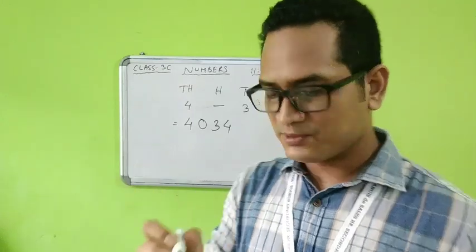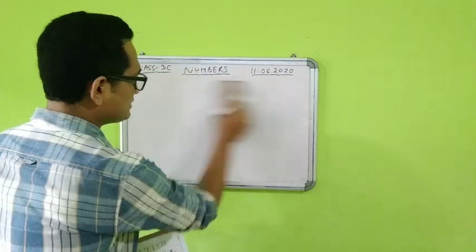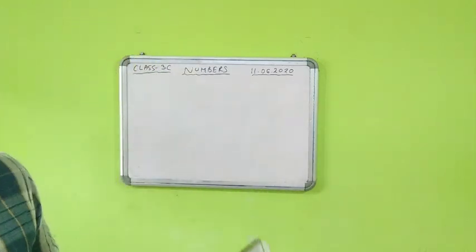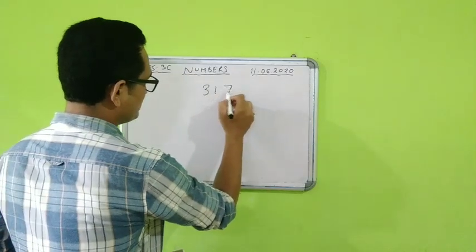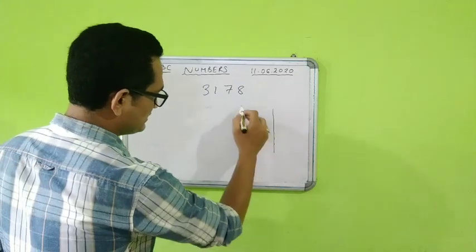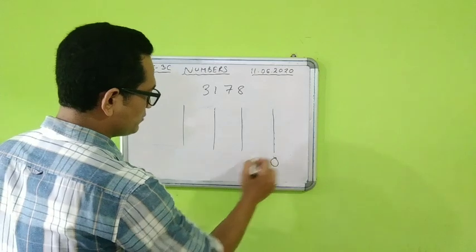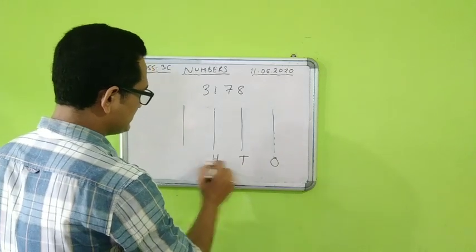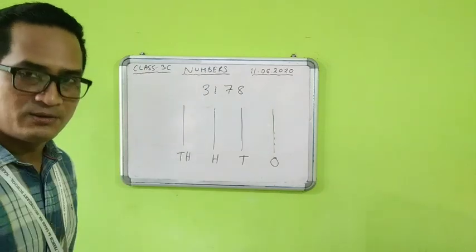Suppose I have to write down 3178. This is the first question, A, of example 8. Suppose these are the sticks. This stick is for ones, this is for tens, this is for hundreds, and this is for thousands. Accordingly, you need to put the beads in the abacus.